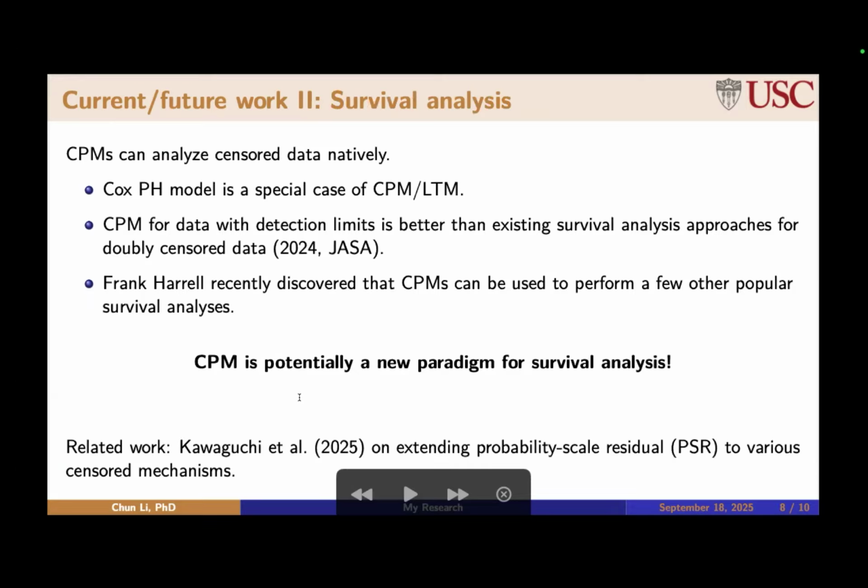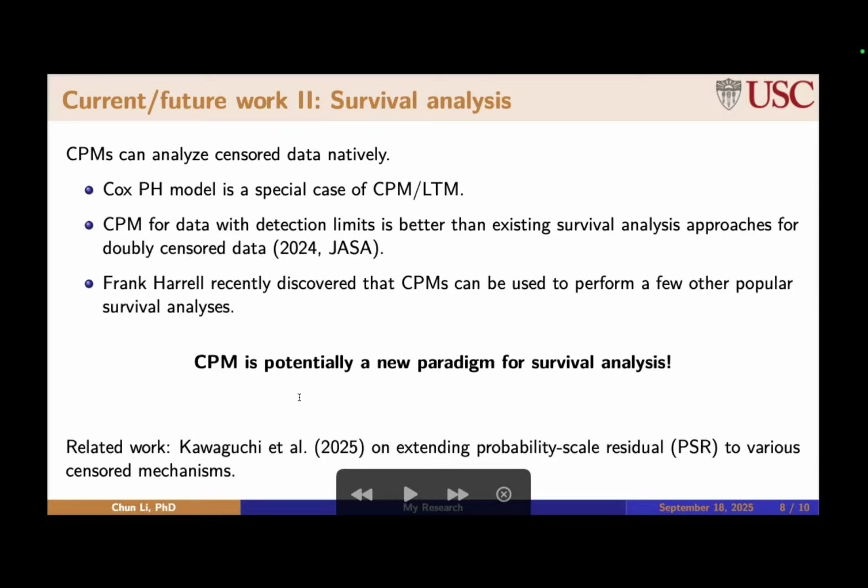Another direction of research is, as I mentioned, that in the survival analysis literature, people studied this kind of thing for decades, and they all know that the Cox proportional hazards model is a special case of it. And our JASA paper last year showed that for detection limits, if you have detection limits on both sides, this method actually works better than existing survival analysis methods designed for censored data.